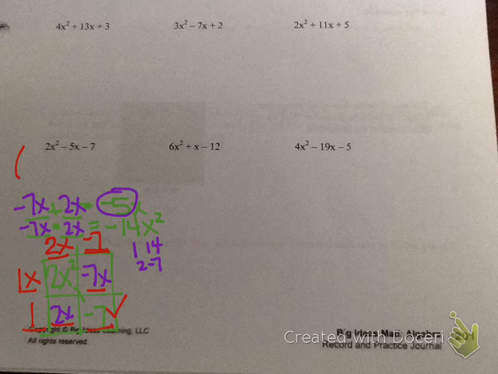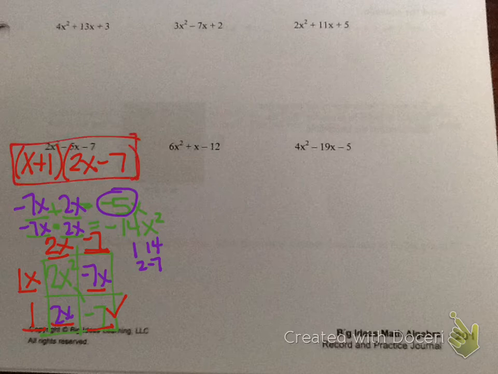So my final answer is x plus 1, 2x minus 7. If you're attempting not to do the box method, it is likely you're going to get these wrong, unfortunately.